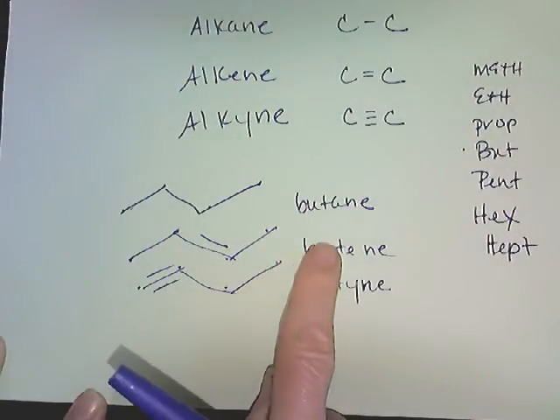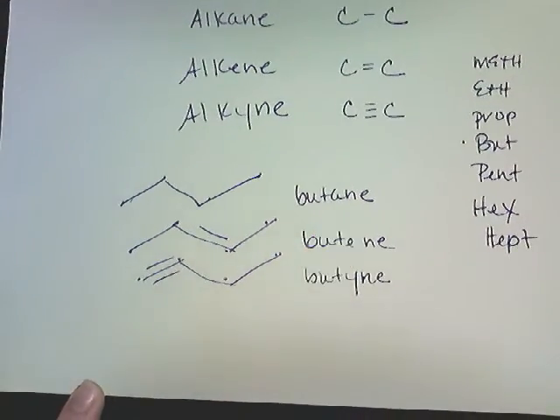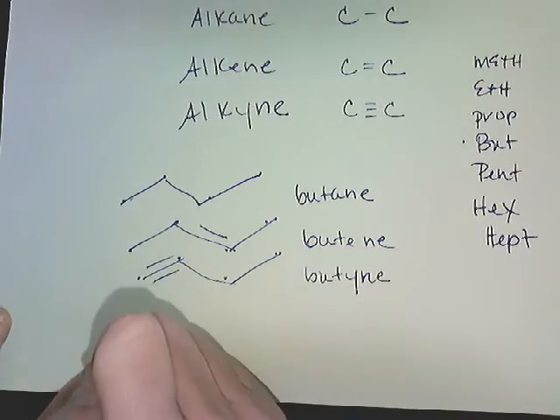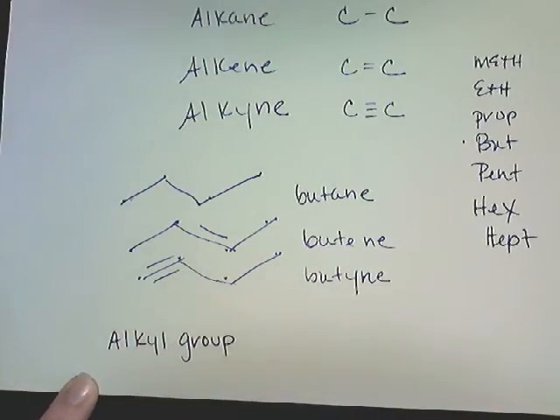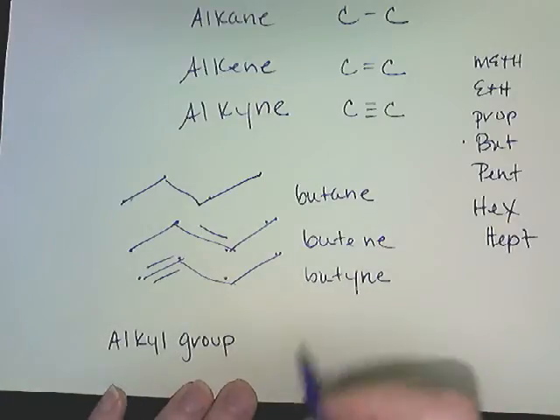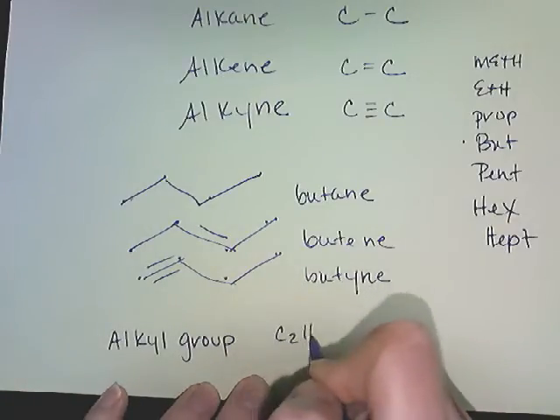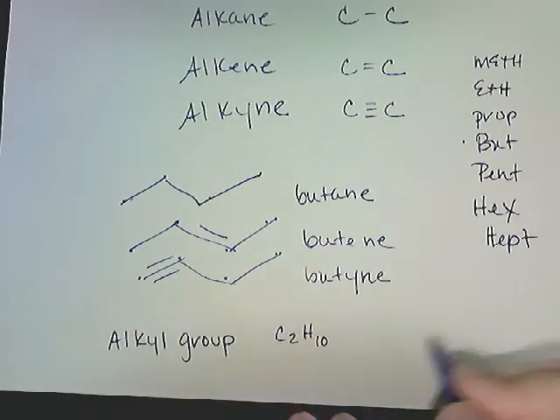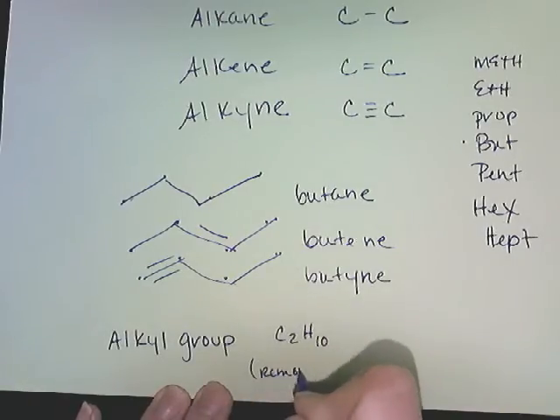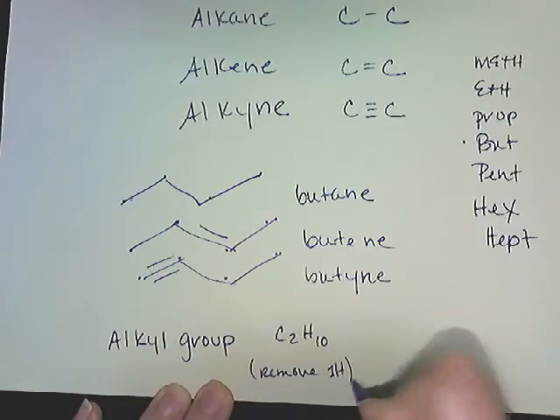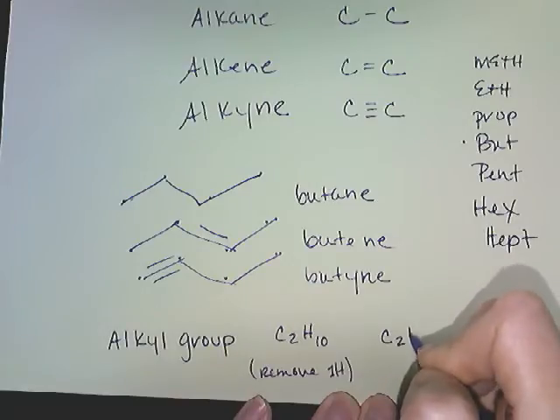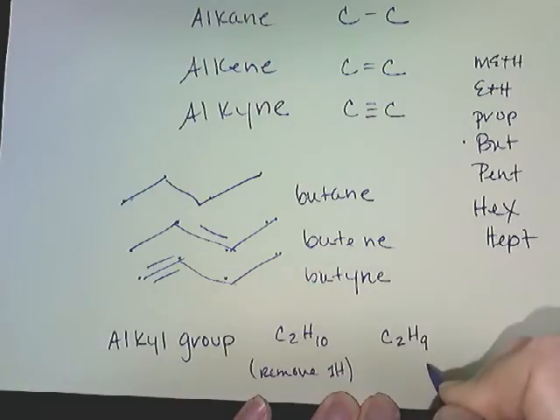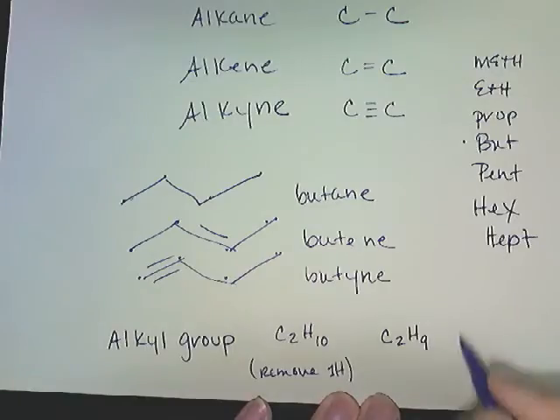Now, let's take butane for example. If butane was going to become a functional group, we would call it an alkyl group. It would lose an H. So instead of butane being C4H10, we would remove 1 H, and it would be C4H9.